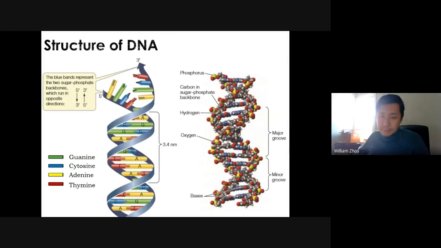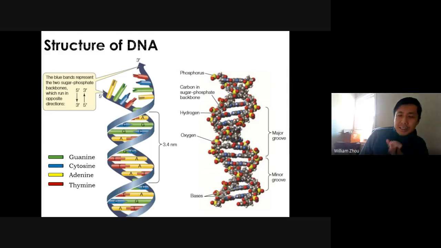Now, what does it look like? Well, you probably have seen pictures of DNA somewhere in your life. If you watch TV, if you just go on the internet, this is pretty much cliche what DNA looks like now. It's a double helix. It's like a spiral staircase that wraps around itself. And between them, you have 4 different base pairs of guanine, cytosine, adenine, and thymine.